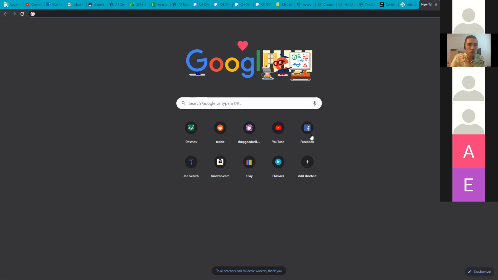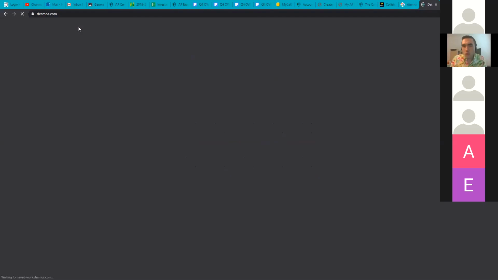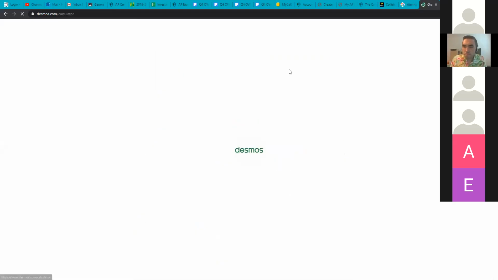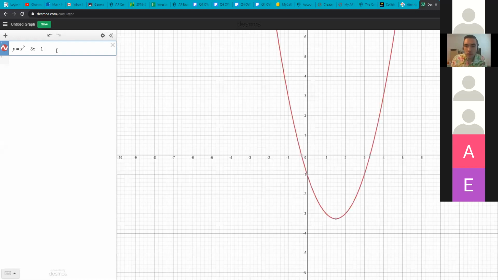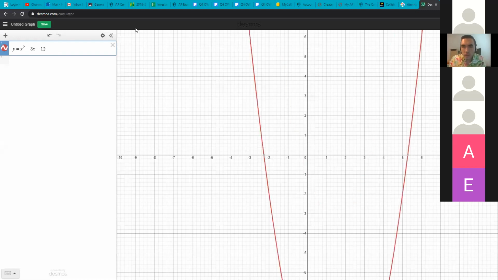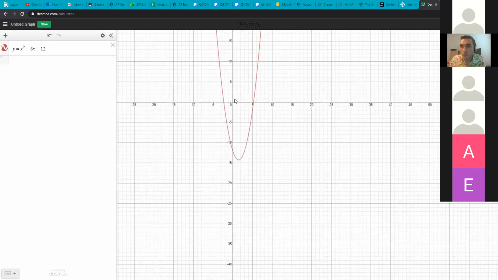Okay, so here I'm looking at desmos.com. If you were to take that quadratic and graph it, you would get y is equal to x squared minus 3x minus 12. So this is the quadratic formula that equation is describing. It's a parabola in real space.